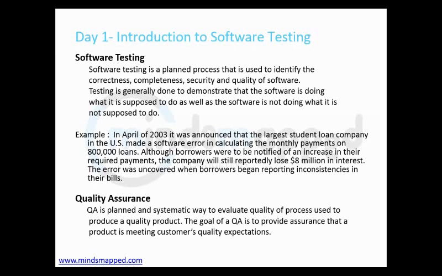So we need to make sure the application works perfectly as per the requirement. That is where we need testing. Testing is a very important, critical part of software implementation. Okay.